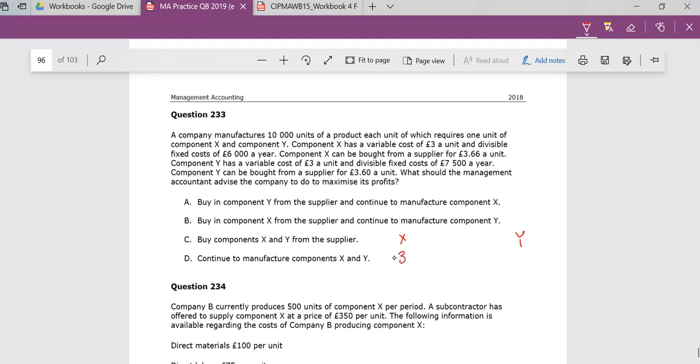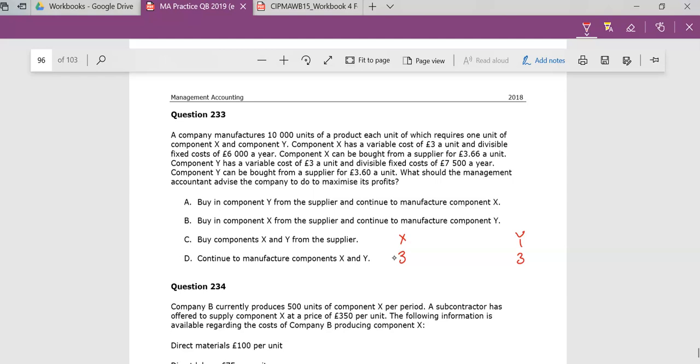Component X has a variable cost of £3, as does component Y, which is made in-house. The direct divisible fixed cost is 6,000 a year for 10,000 components.